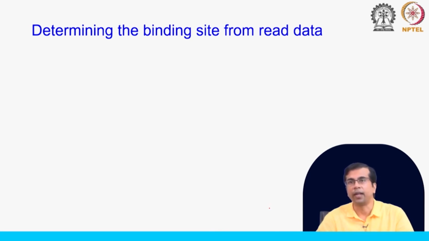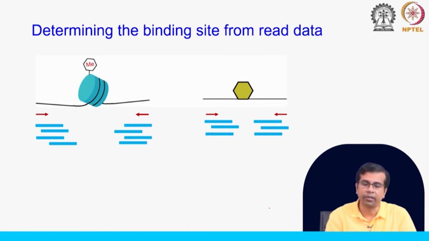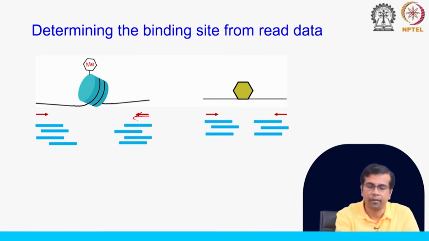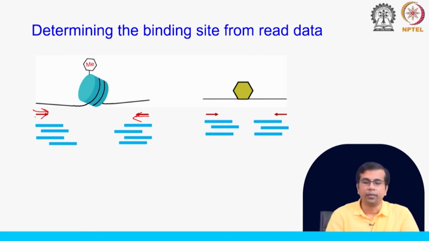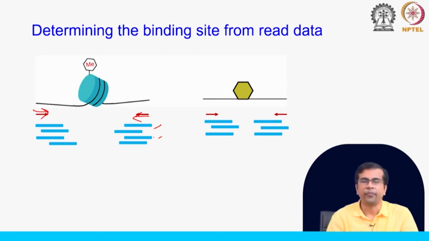Here is the challenge. When you have isolated this DNA fragment and sequence it, the reads will appear from the ends. We sequence from either end. We can use paired-end sequencing and sequence from both ends. The reads that I am showing in blue here will mostly appear at the ends.